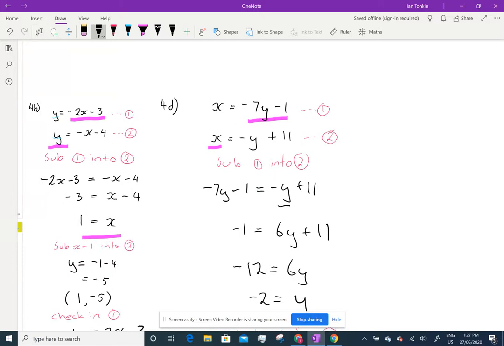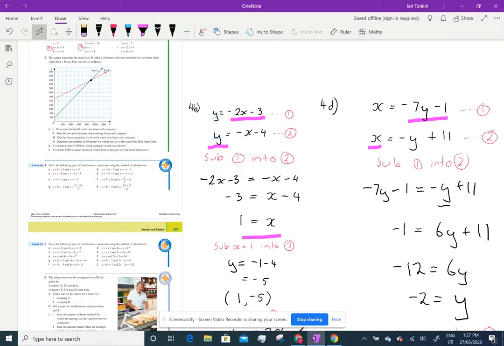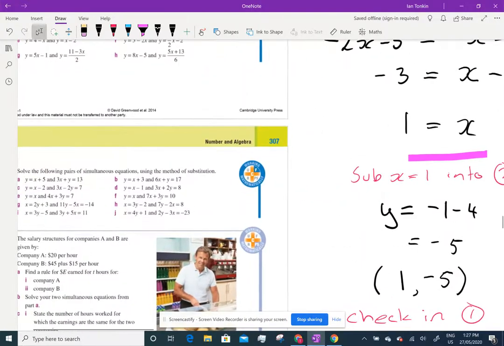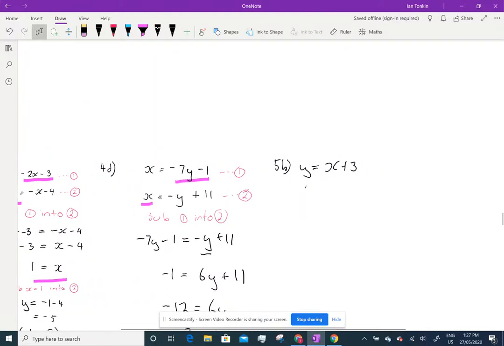So here's 5b. y equals x plus 3, and 6x plus y equals 17. Equation number 1, equation number 2.